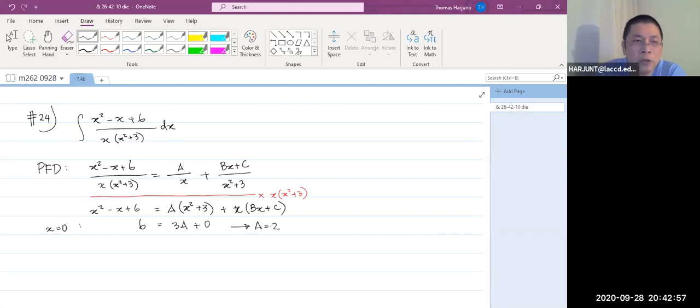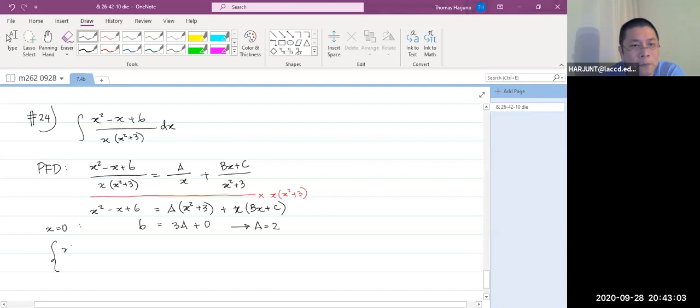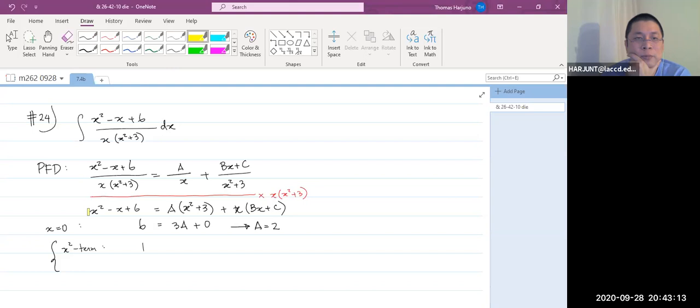But if you take a look at, for example, like terms, right? When you use method 1, the x squared term. What is the coefficient on the left-hand side? 1, right? What happened on the right-hand side?